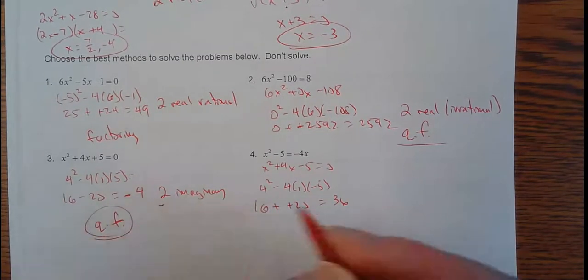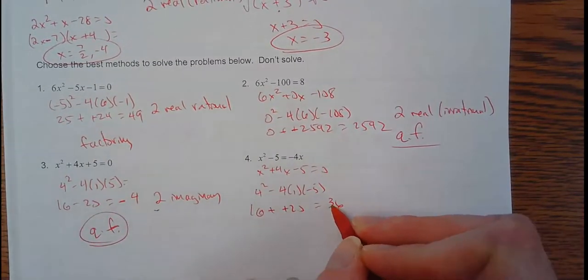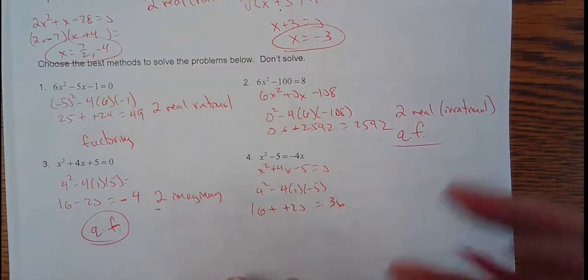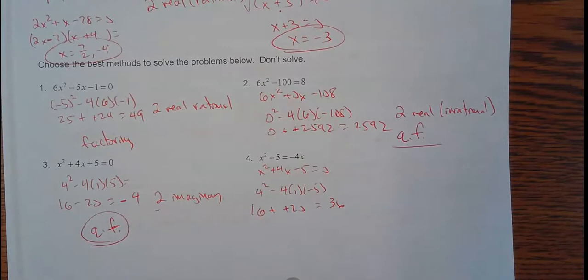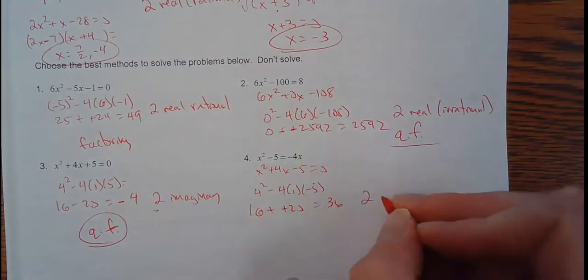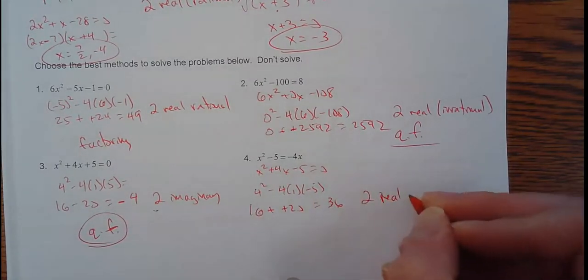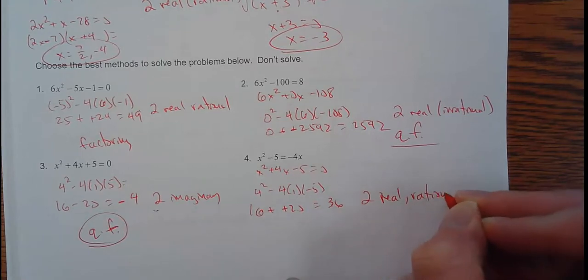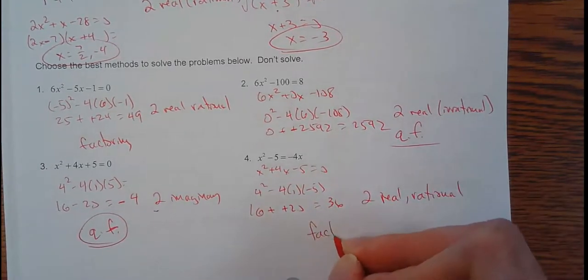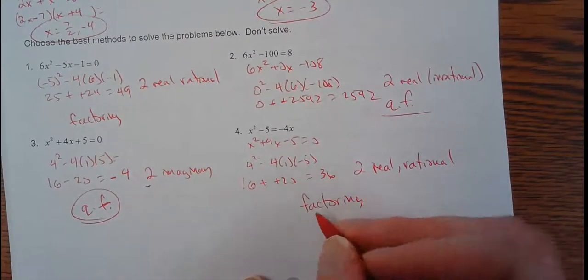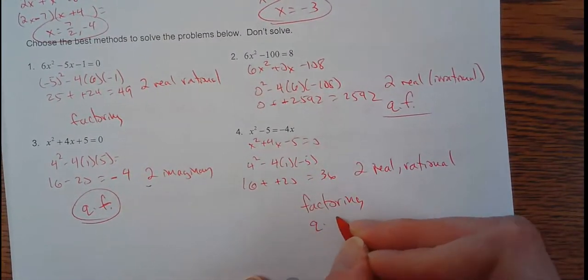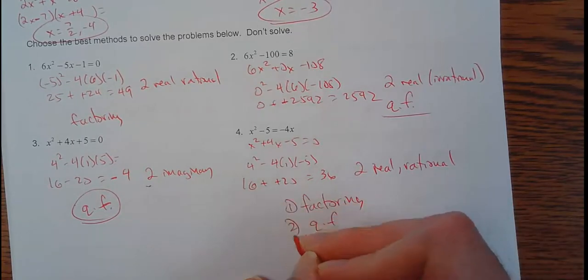And this one here, I got 36, it's positive, which means it can be square rooted, but it's also a perfect square, which means you're going to have two real, rational solutions. So this one, factoring would probably be fastest, or at least it is factorable. You could do quadratic formula after that, but this would probably be my number 1 and my number 2.